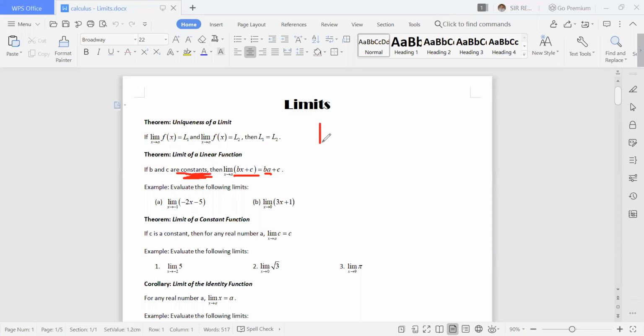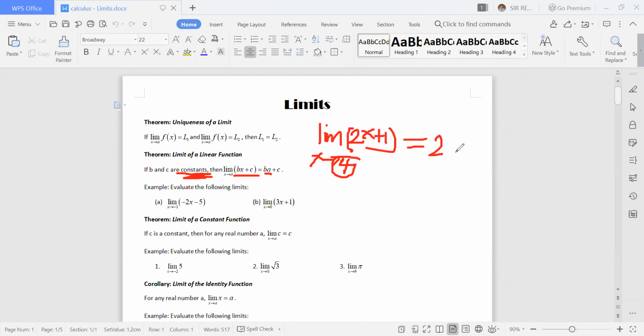Example: what is the limit of 2x plus 1 as x approaches, say, 4? The theorem says you no longer need a table, you just substitute 4 for x.